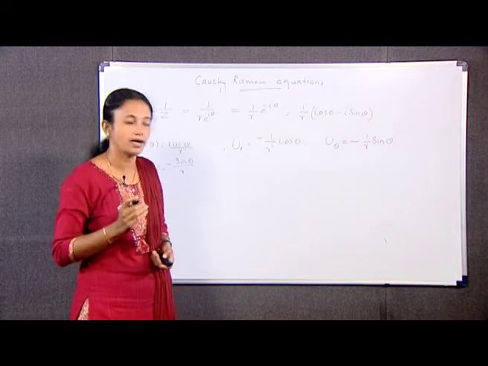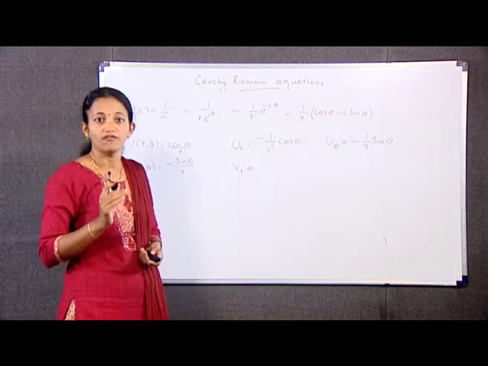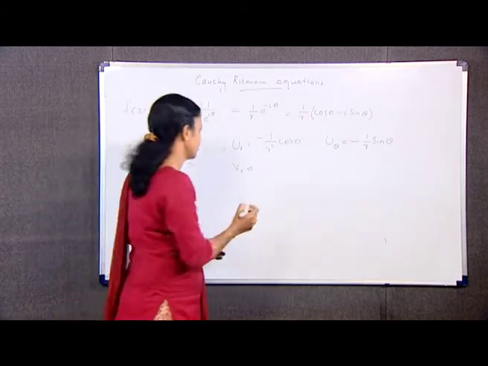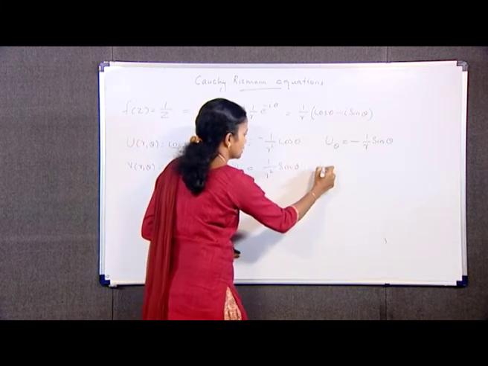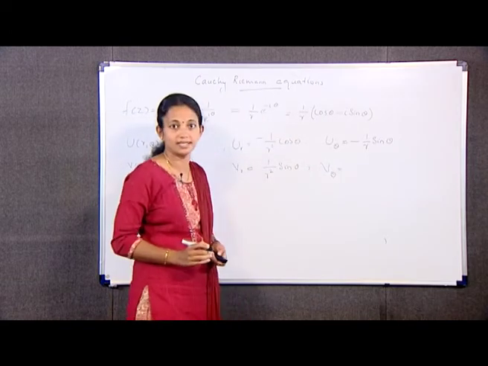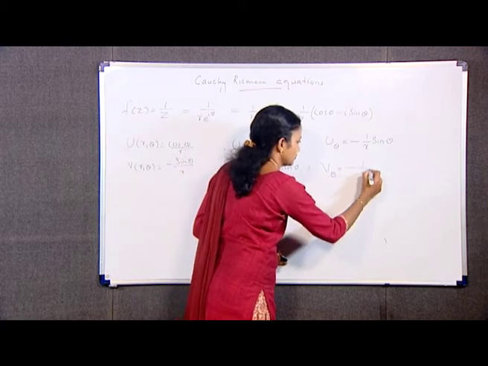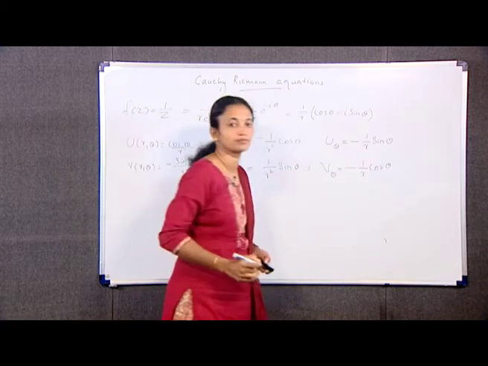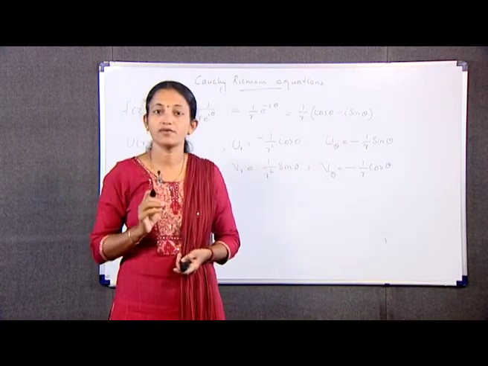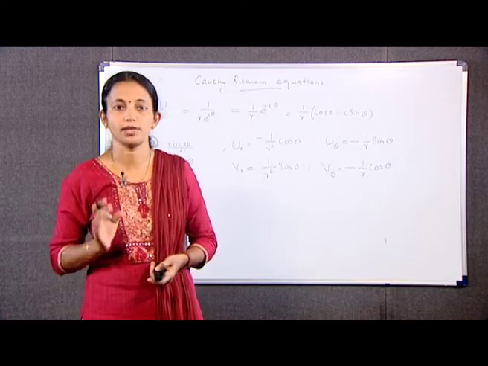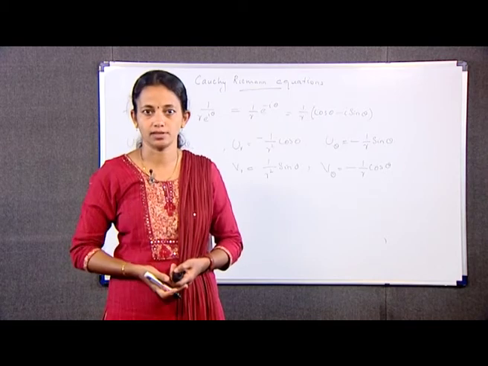Similarly, we have v r is equal to 1 by r square sin theta and v theta is equal to minus 1 by r cos theta. Hence, u r is equal to 1 by r v theta and 1 by r u theta is equal to minus v r, and hence polar form of the Cauchy-Riemann equations are satisfied.